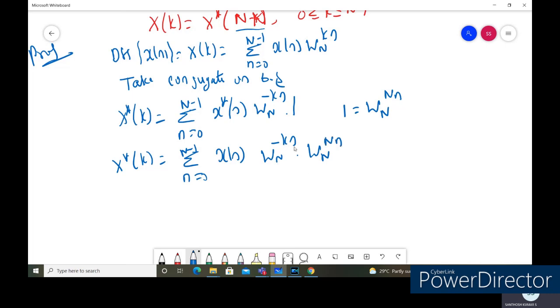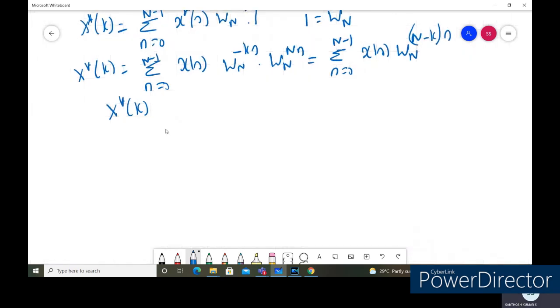Let us take n common in the twiddle factor, so we get summation n equal to 0 to N minus 1 of x of n into omega N to the power of N minus k into n. Let us rewrite the terms: X conjugate of k is equal to the summation n equal to 0 to N minus 1 of x of n into omega N to the power of N minus k into n.